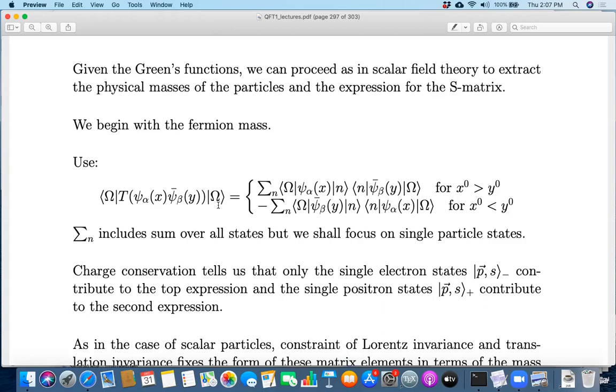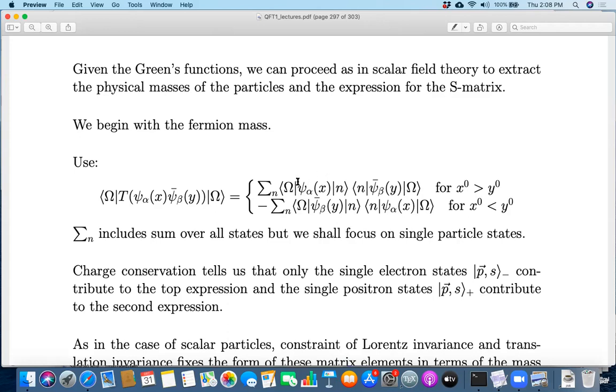So if we look at this, then charge conservation tells us that only the single electron states contribute to the top expression. And that's because, if you remember the expression for the expansion of psi alpha in the free theory, it has an annihilation operator for the electron and a creation operator for the positron.